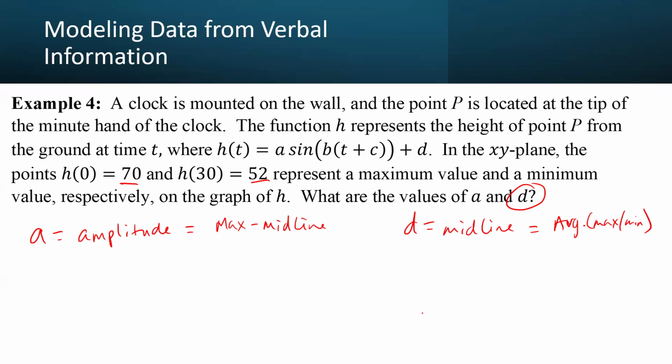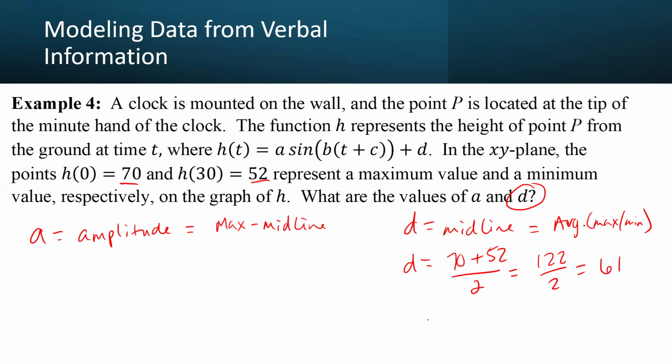Do we know how to find the average between 2 points? Yes. I would hope so at this point. So D equals 70 plus 52 divided by 2. That would equal 61, because it's 122 divided by 2, which is 61.